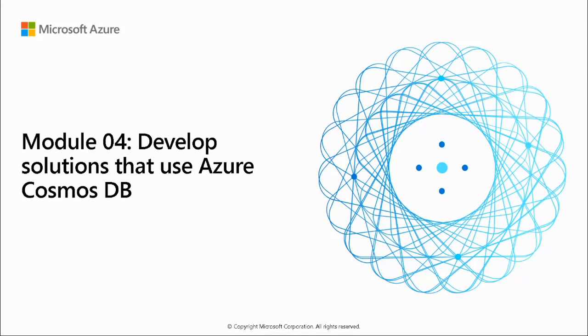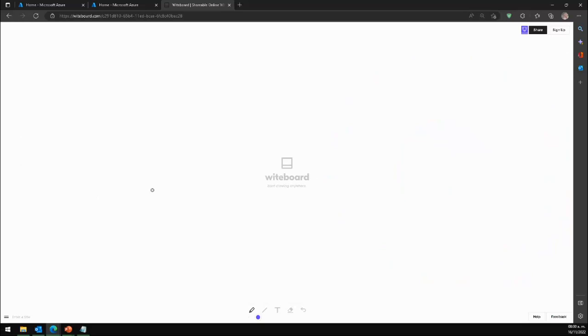We are going to check two extra modules right now. Just let me share my window, the window in which I have my Azure portal and my whiteboard to draw some things. Remember, yesterday I did this same thing, but with the two previous modules.